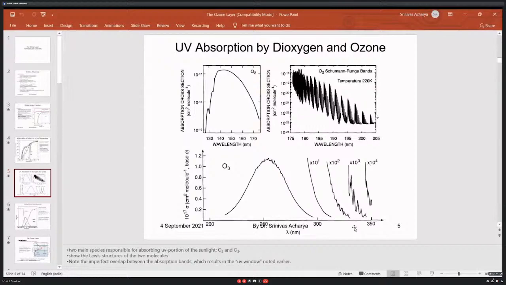Means if you go to longer wavelength, lesser energy, the ozone can absorb, but it can efficiently absorb in the UVB region, which lies between 240 to 260 or 270 nanometers, like this. So this is your absorption of ozone of stratospheric UV radiation.